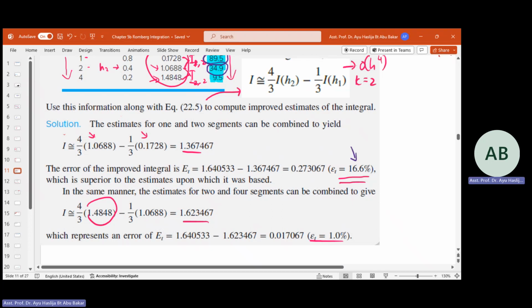But using Romberg improved integration, we move horizontally. Sorry for the term. When you go horizontally, the error reduced significantly. This one is the first level.